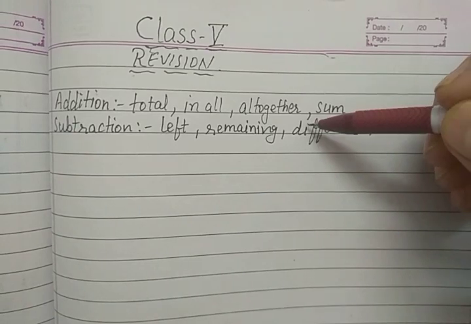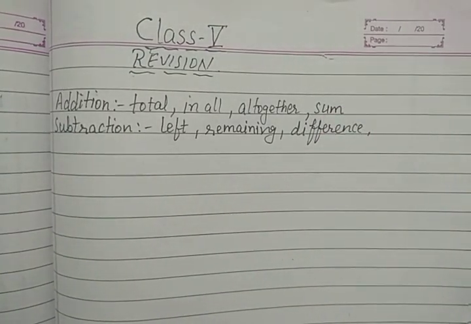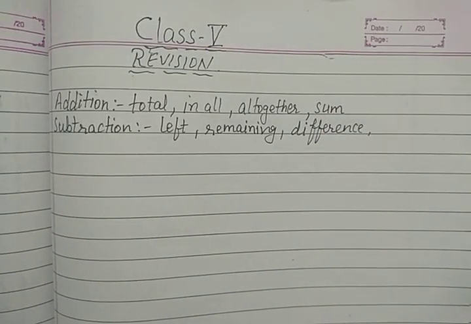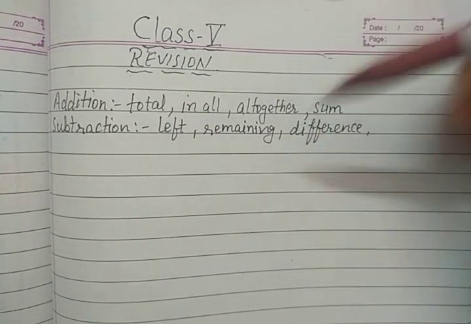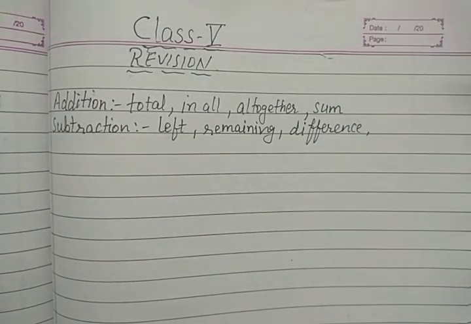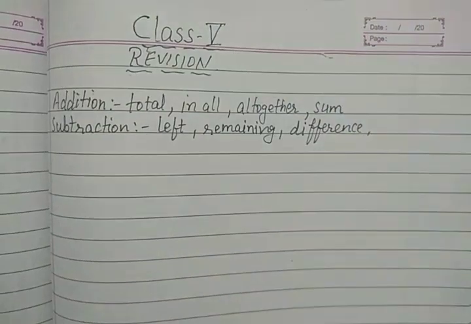That means in comparison, when we have to find the difference, that means questions like कौन कितना बड़ा है, कितना छोटा है, like that. In such situations we have to find the difference, and then we will subtract.